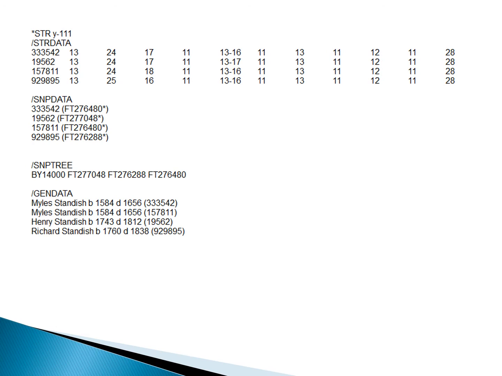In each row, I deleted everything except the kit number and the STR values to make the input file for the SAP program. This example only shows the first 12 marker values out of 111 STR values for simplicity.